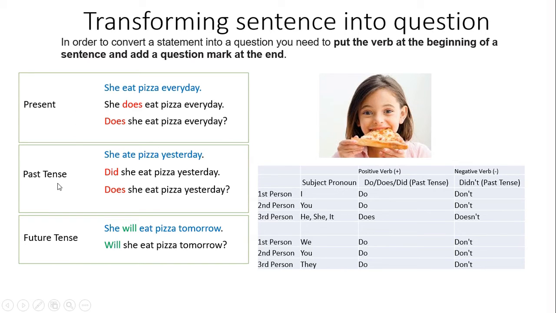Now let's go with the past tense. She ate pizza yesterday. Ate is the past tense of eat. Use the word did because did is the past tense of do.